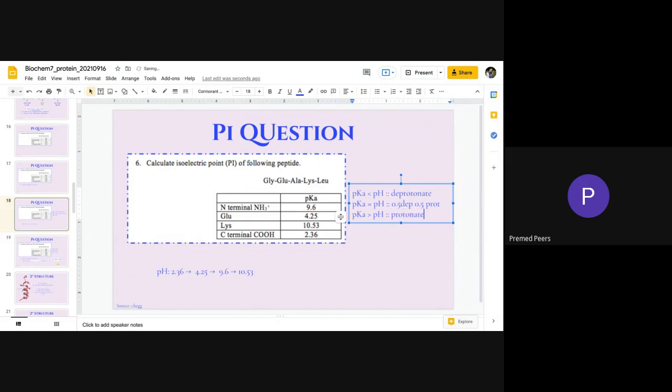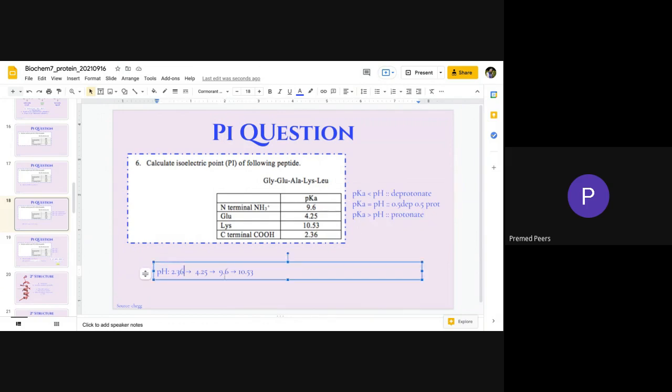Okay, after we've laid out all this information, let's look at the respective pH values. At a pH of 2.36, which is the pKa of the C terminal carboxylic group, remember that when you are exactly at that pKa, half of the C-terminal will be in COO minus form, and the other half will be in COOH.